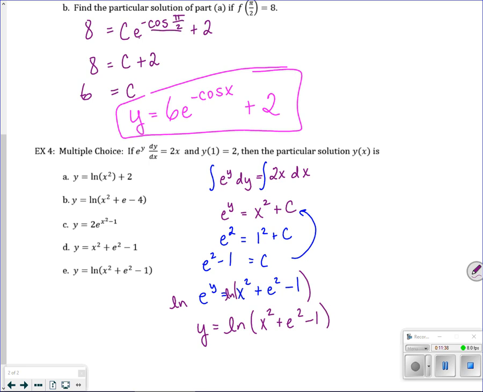And as weird as that looks, that is an answer choice, and I got it. So there you go. So it's the same idea of solving differential equations. It's just doing a little bit different solving for C and the timing. All right, good luck everybody.